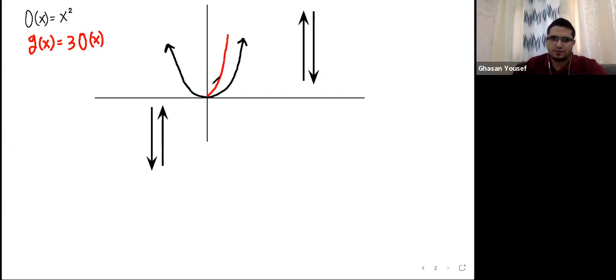This is far. It will be far from the x-axis, like this. So this means stretching. Here, this is g, you have to label it g of x. And the black one, you should write o of x.